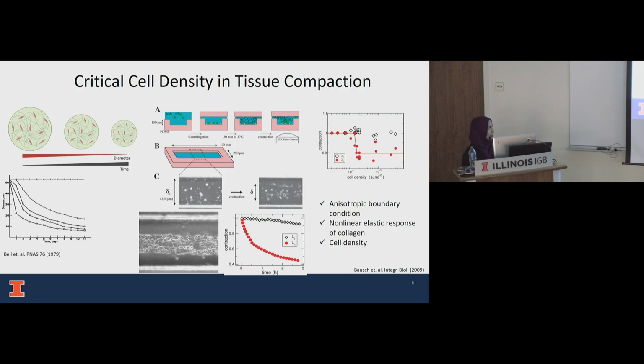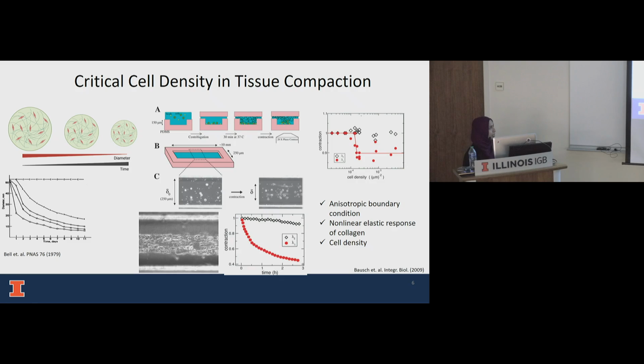this compaction process. And not only that, they also mentioned that collagen is nonlinear elastic, meaning as the strain in collagen increases, it starts to stiffen in response to the stress. So they mentioned that nonlinear elasticity of collagen is also another mediator for this compaction process. And finally, they also saw the cell density dependence for compaction.